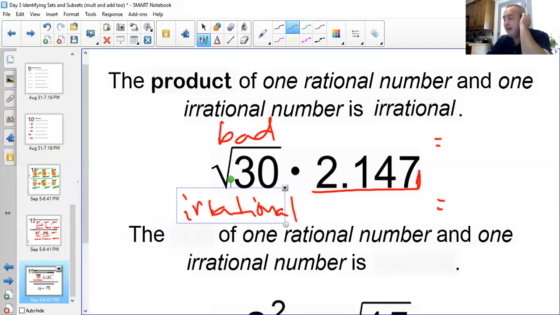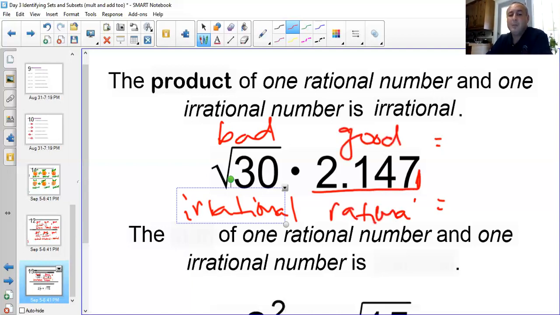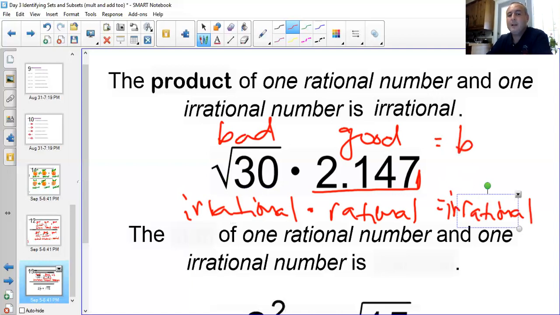It's a terminating decimal. So we know that this is a good orange, or rational number, right? And that's going to equal an irrational number. And remember, a bad and a good orange, one bad one makes the rest of the batch bad.